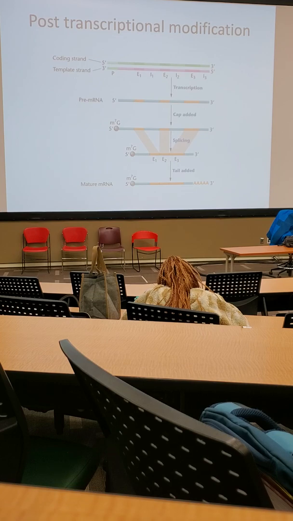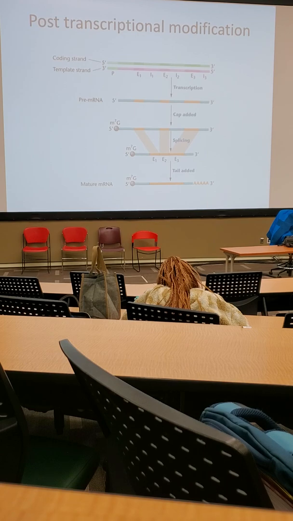The first, this is a different figure from a different book that I like a little bit better, because it shows the coding and non-coding strand, and then the template strand has the exons and introns labeled, and you can follow some of the color. We're going to make a pre-mRNA that has everything. It still has introns, it still has untranslated regions. We need to add a cap to the 5', so that's that lining.